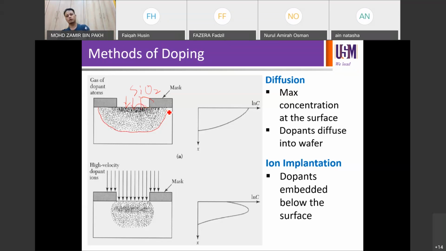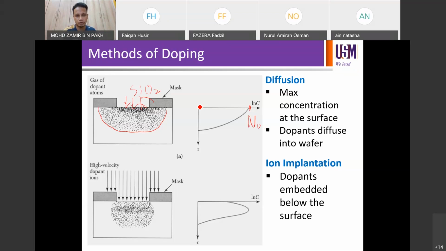Lebih kurang. And the profile, if you look at the right-hand side graph tadi yang kita tengok, y-axis concentration, x-axis depth, you can flip it 90 degrees clockwise now. So your ln C is your concentration. So this one will then be your N naught, macam tadi saya draw tadi. So you flip it 90 degrees clockwise, and X is your depth into silicon.